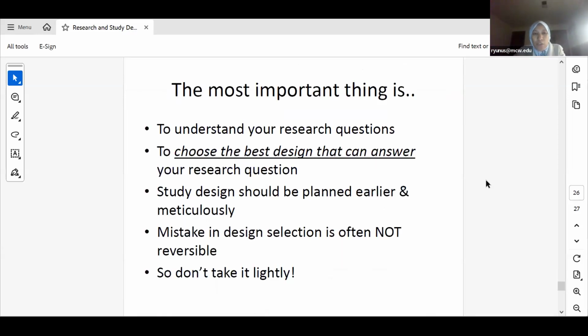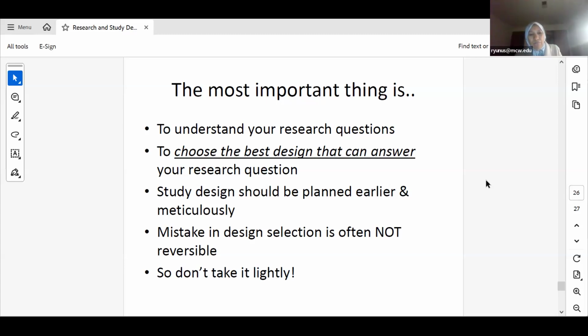Okay. Whatever you do in research, remember that the most important thing is to understand your research question. If you really understand your research question, which will determine your study objectives, you will know which study design to go for. Without understanding your research question, it is impossible for you to choose the best study design.